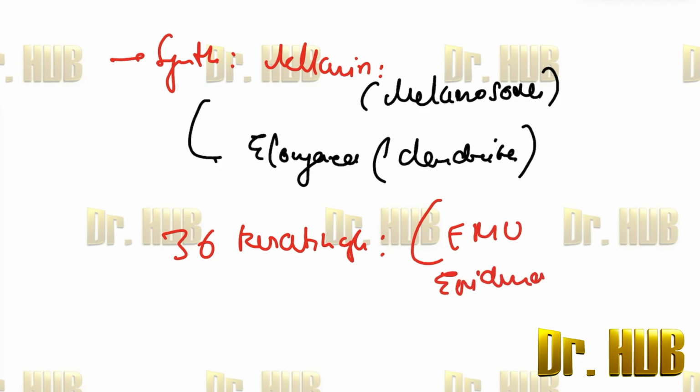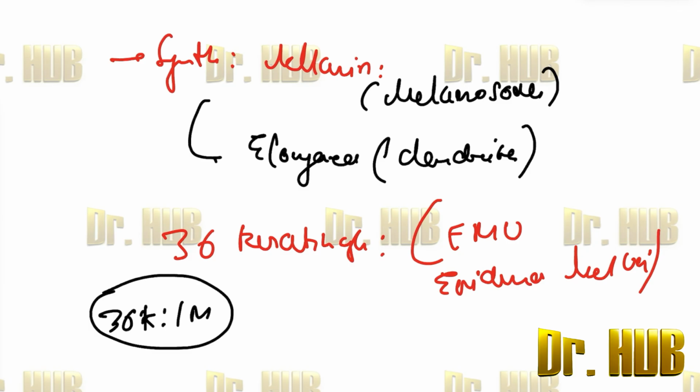The ratio seen here is 36 keratinocytes to 1 melanocyte.